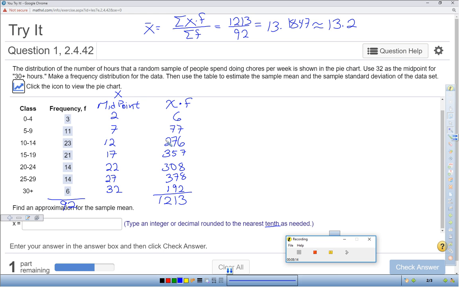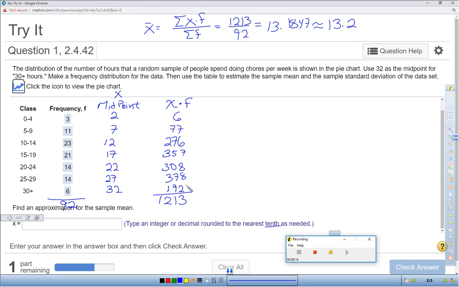So now we need to find the sum, which is 6 plus 77 plus 276 plus 357 plus 308 plus 378 plus 192. Let me do it again. I don't think it's correct.